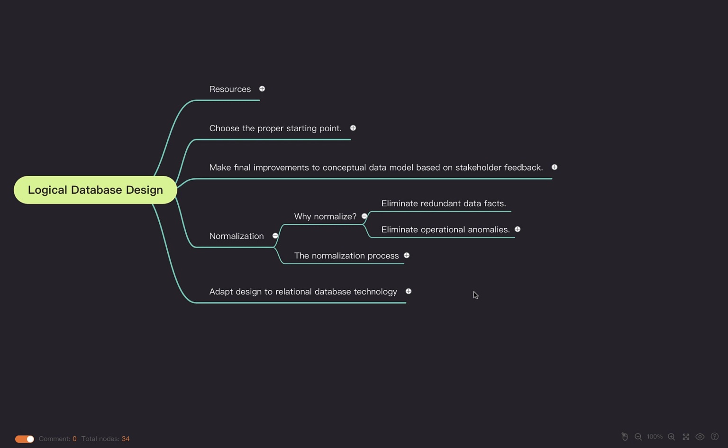And historically, that was one of the major motivations for normalization. When databases came into being years ago, the kind of storage that we use for databases, disk storage, was expensive.